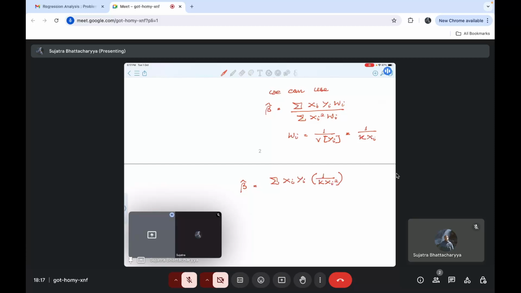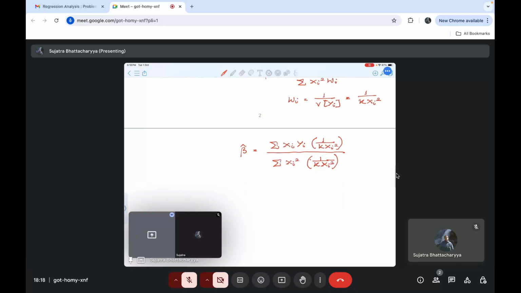This is xi square divided by summation xi square into wi. So what is that? 1 upon k xi square, right? So you can clearly see in the denominator this xi square can be chopped up.